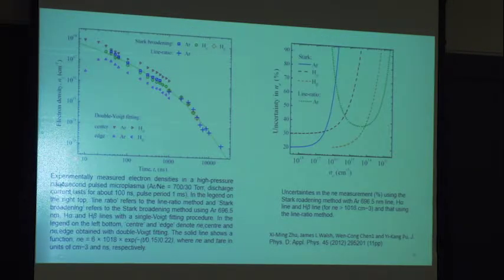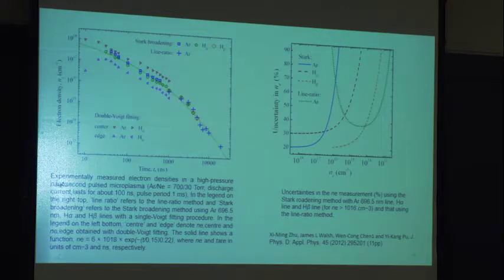Here he plotted carefully the electron number density as a function of time. This is a pulsed plasma. You can see that the number density decreases quickly with the progress of the plasma discharge. In this measurement, when the electron number density is very high, 10 to the 17, very high in the beginning, the method they used is argon emission.